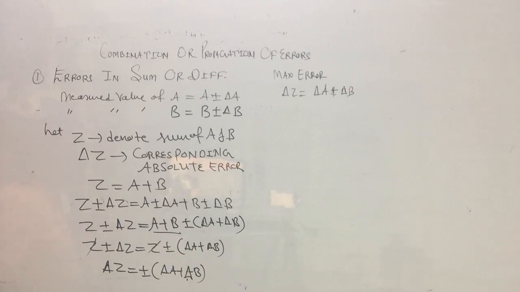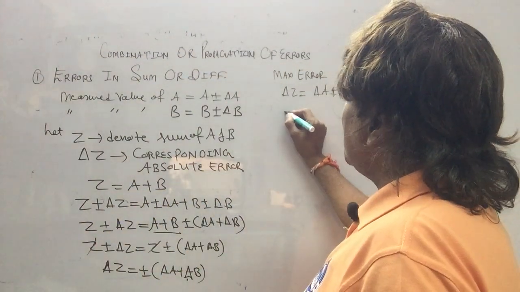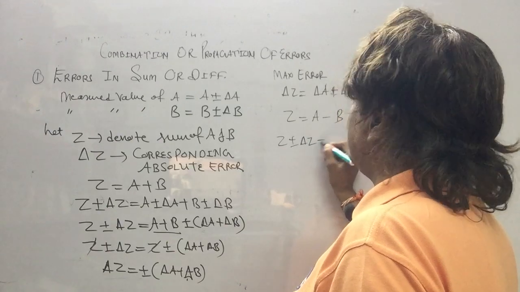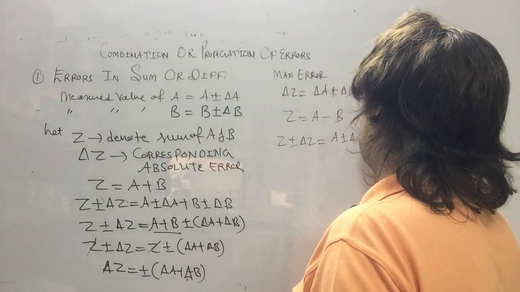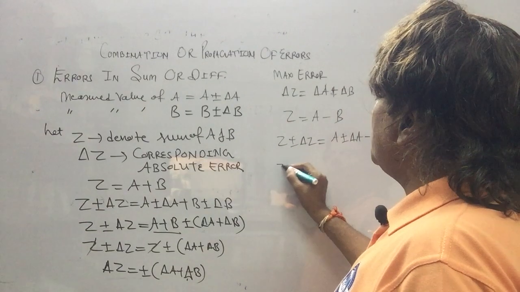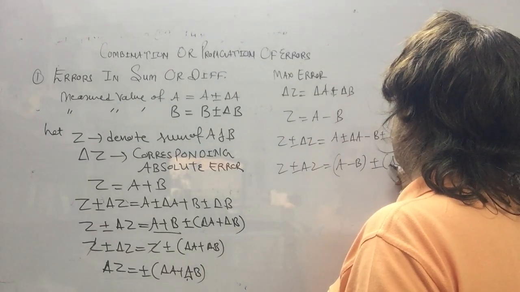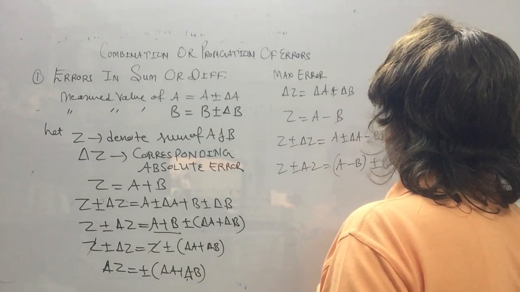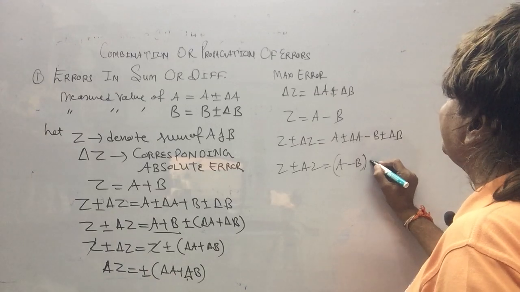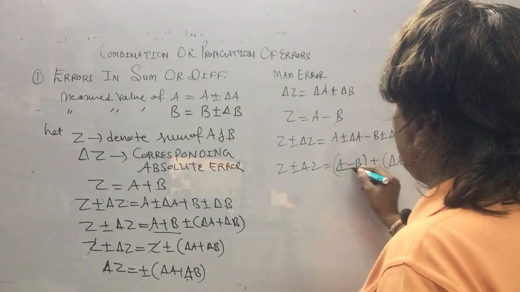Interesting. Yes, sir. Should I prove it? देखो, Z is equal to A minus B. Z plus minus delta Z, A plus minus delta A, minus B plus minus delta B. Z plus minus delta Z, A minus B plus minus delta A common, delta A plus delta B. What is A minus B, students?